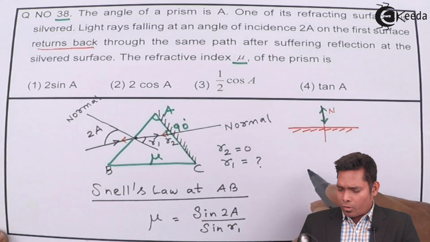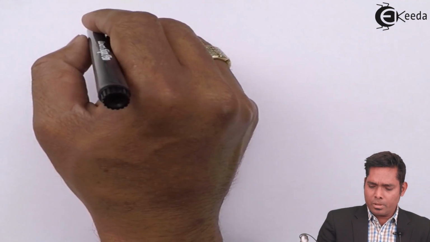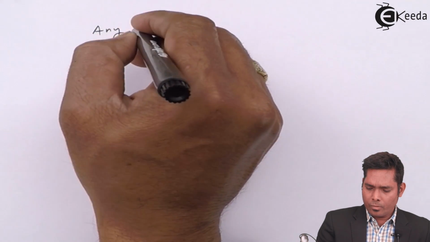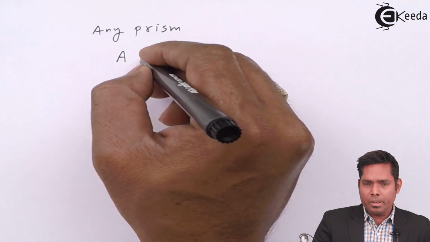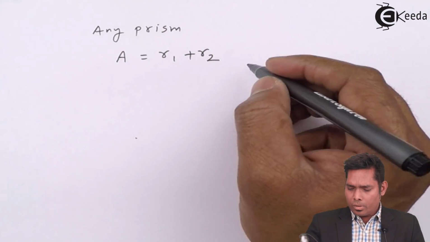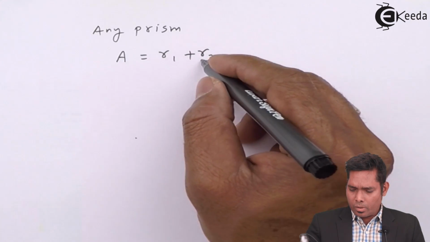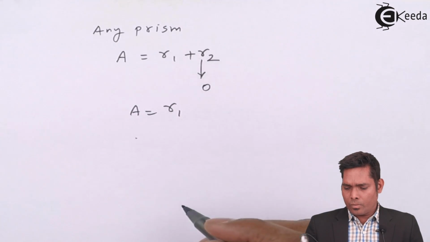Now we know that for any prism, angle of prism A is sum of R1 plus R2, out of which, because R2 is 0, so A is R1.